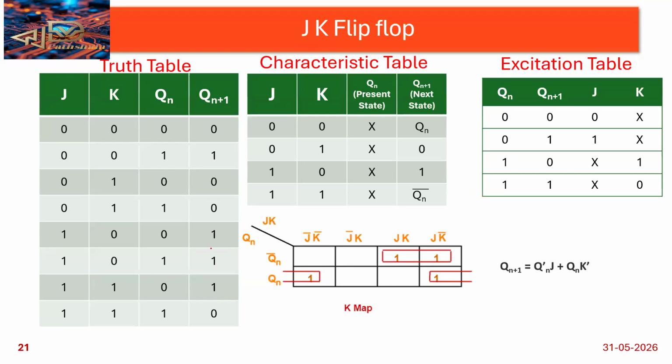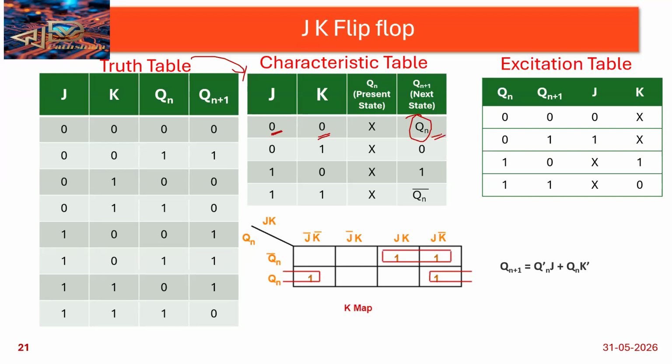See, this is the truth table, and then the characteristic table. Actually, he has not mentioned that this is the truth table. JK present state and next state. If J value is 0 and K value is 0, the next state output is the same, whatever the Qn is there.